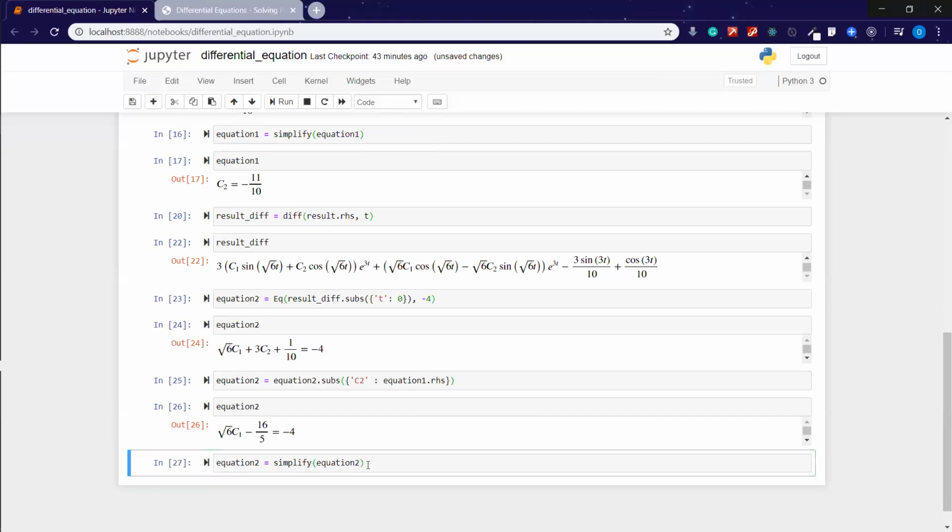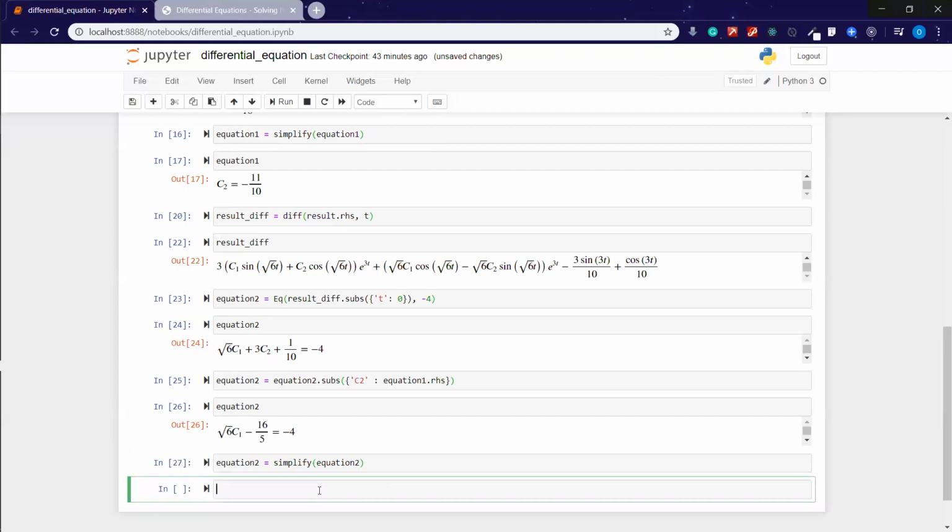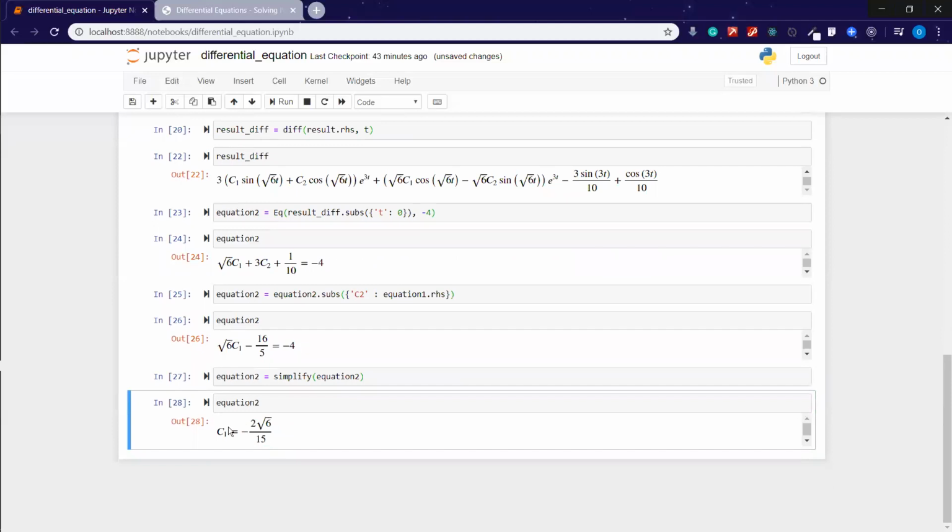So let's run that. Gives no error. So what's equation 2 now? Okay, so now we have a value for C1 and C2.